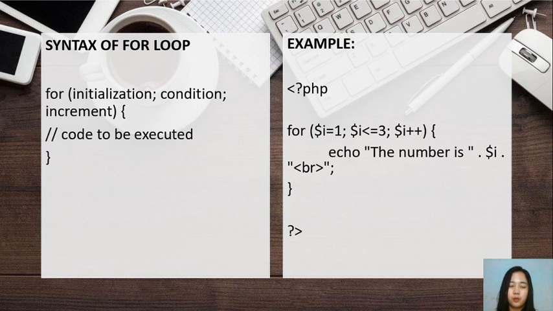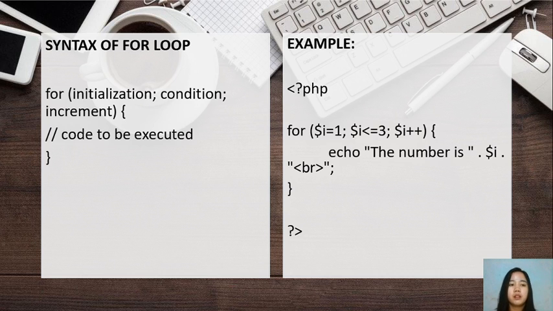So, the for loop. First, the syntax of the for loop. For, then inside the parenthesis first is the initialization. Next is the condition, then the increment, then the code to be executed.